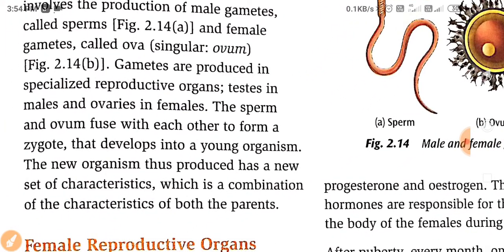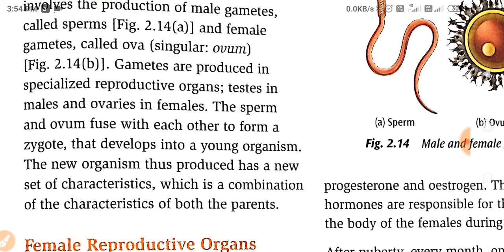Gametes are produced in specialized reproductive organs, testes in male and ovaries in female. The sperm and ovum fuse with each other to form a zygote that develops into a young organism. The new organism thus produced has a new set of characteristics which is a combination of the characteristics of both the parents.